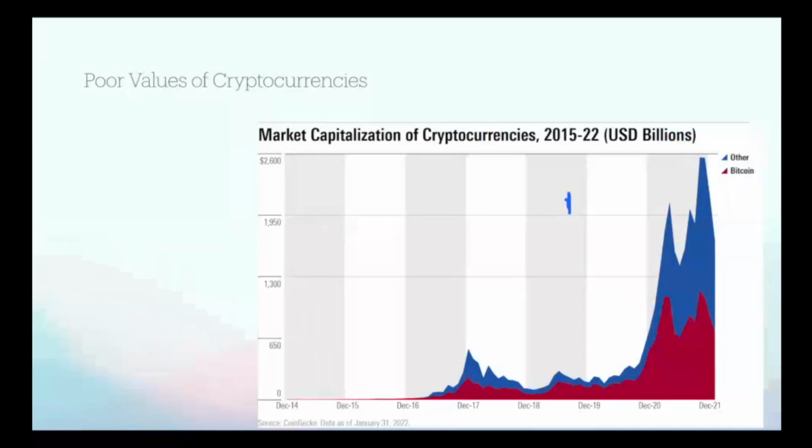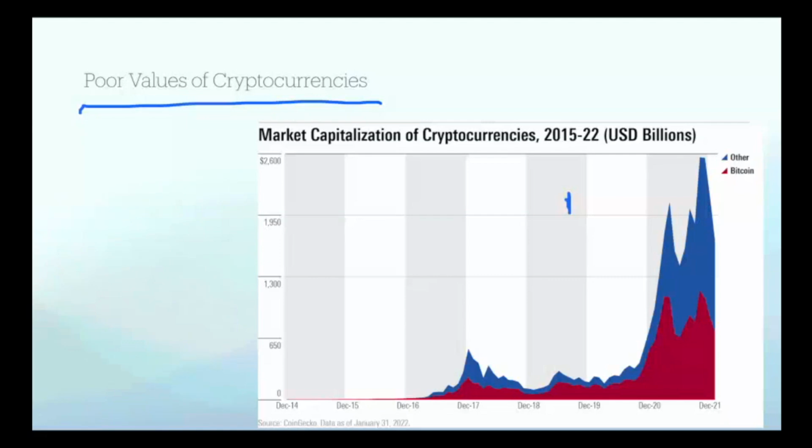So next thing is poor values of cryptocurrencies. Two years ago the cryptocurrencies were very great in the market, but from 2022 or 2021 onwards, the cryptocurrency market was too dull. That means the cryptocurrencies were not growing at a rate like how the stocks are growing.